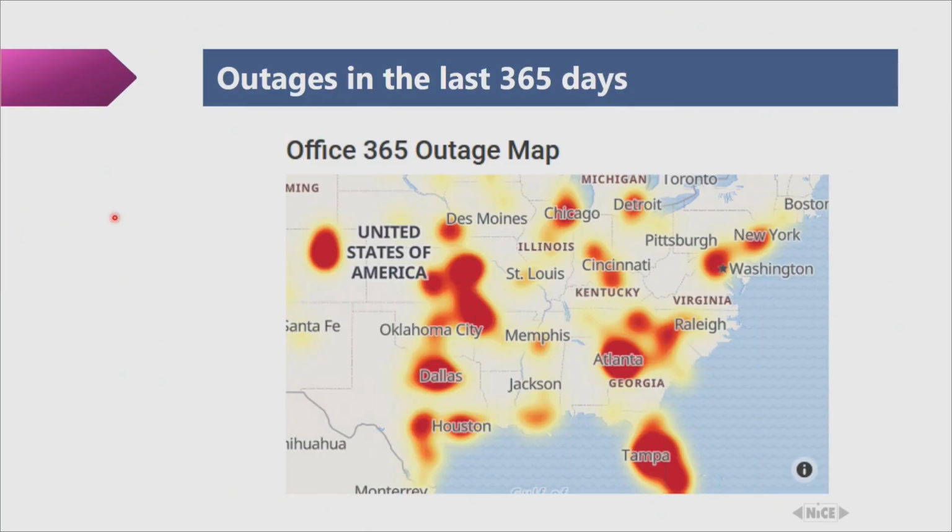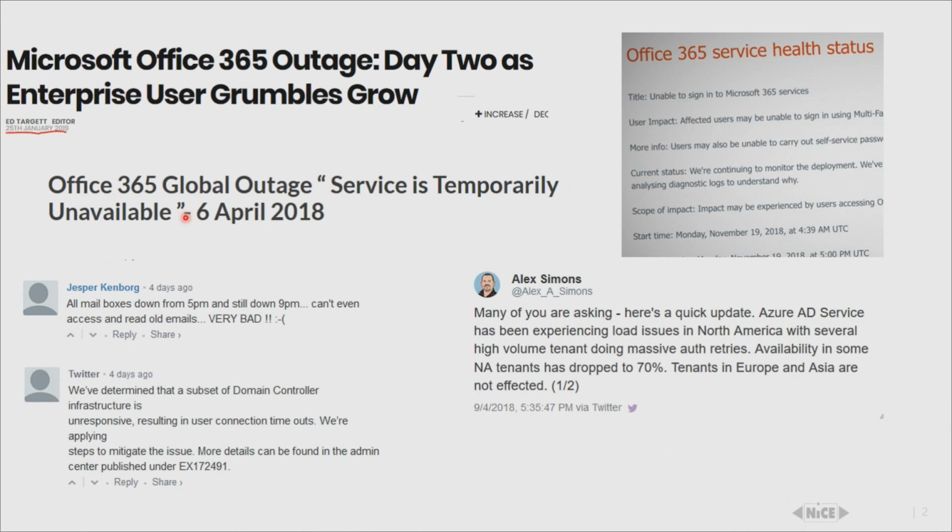So, as I said in the agenda, I just want to start with a bit of a teaser and go over what's happened on Office 365 in terms of outages over this last 365 days, basically. Some of them went through press, and if you go to some of the websites or Down Detector, you'll find those, like how users really grumble over some of the outages.